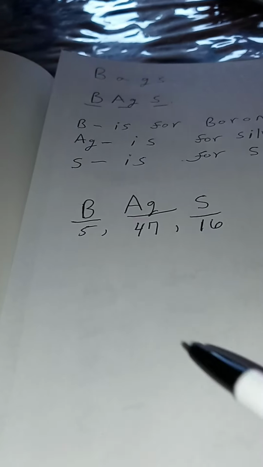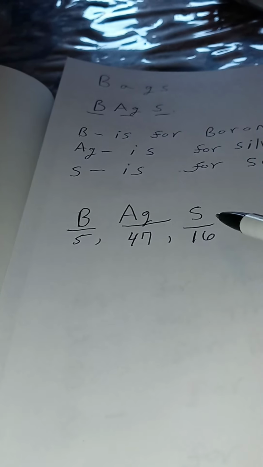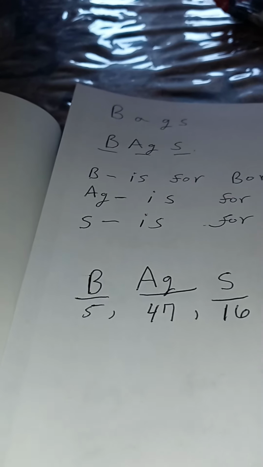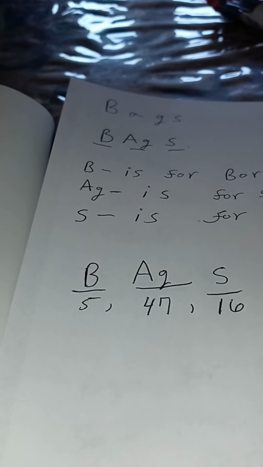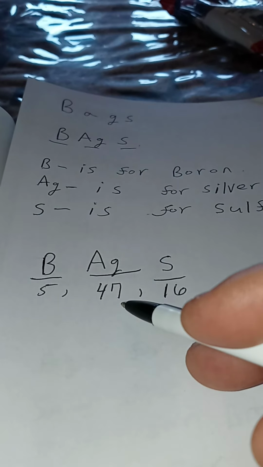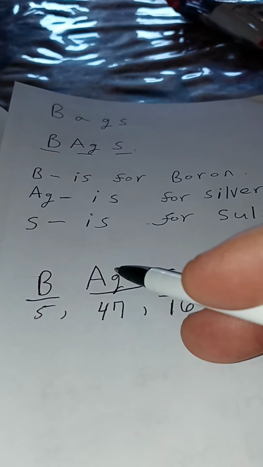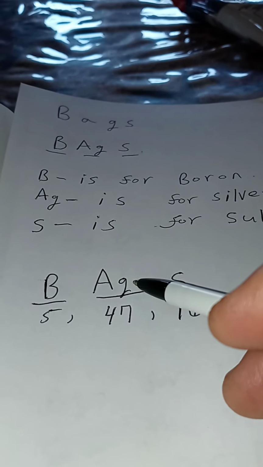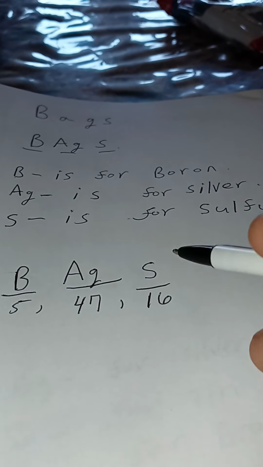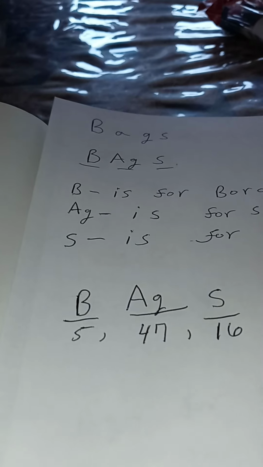And here it is: capital B, capital A, small G, and a capital S. If you want to put down the atomic numbers for these symbols, you have 5 for boron, 47 for silver, which is capital A and a small G, and capital S for sulfur with atomic number 16.